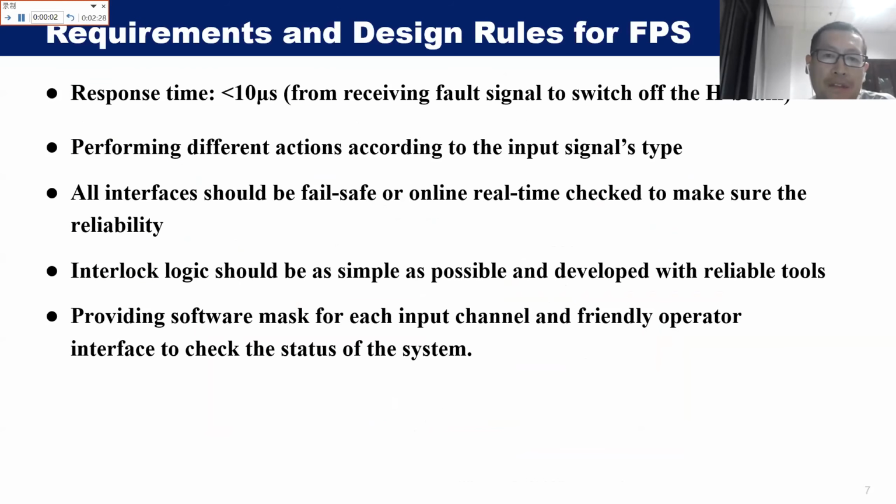For the requirements and design rules for the FPS, the response time requirement is less than 10 microseconds, and the FPS should perform different actions according to the input signal type. All the interfaces should be fail-safe and can be checked online in real time.